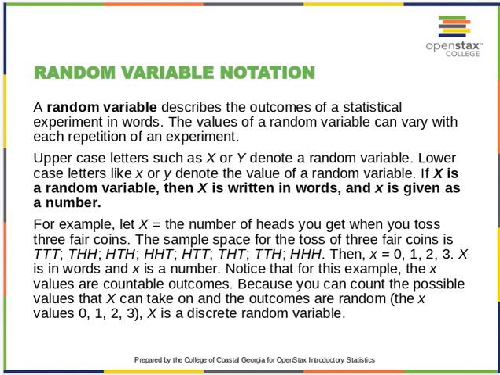Possible values of x are x equals 0, 1, 2, 3, or 4. You're going to flip it 4 times. Any of those are possible. That then becomes your random variable, the outcome.